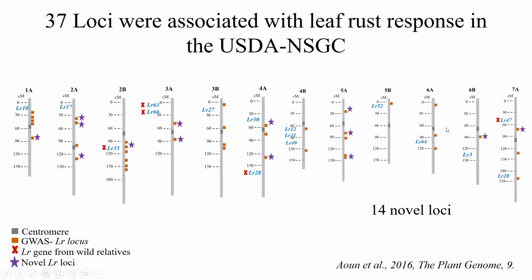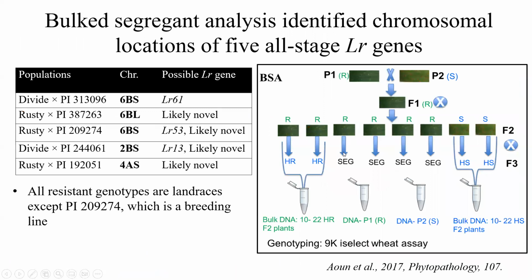For leaf rust, the GWAS allowed the identification of 37 loci that are associated with leaf rust response. Fourteen of them were possibly novel, shown here with the stars. We know that GWAS has a limitation when it comes to rare alleles.